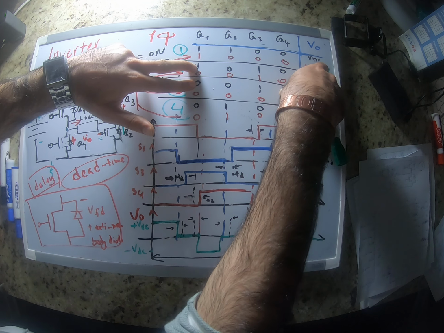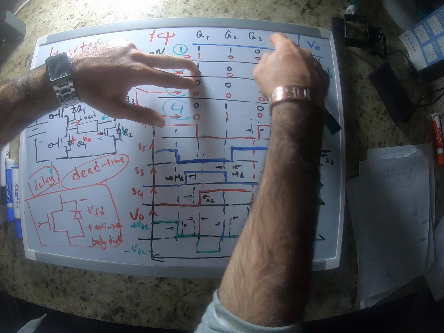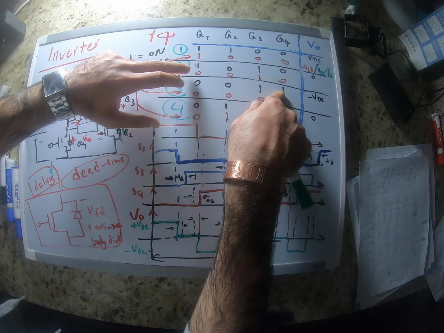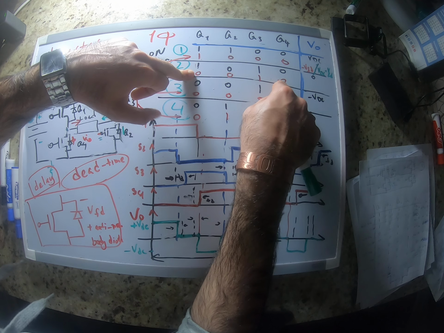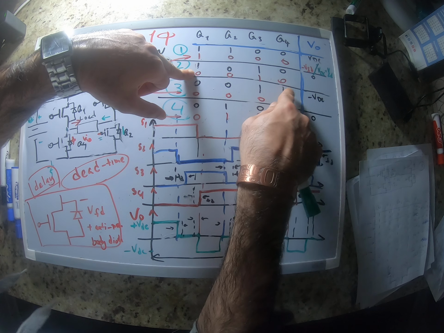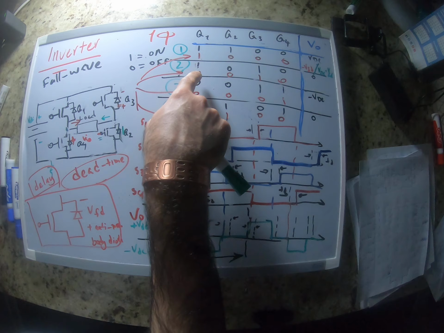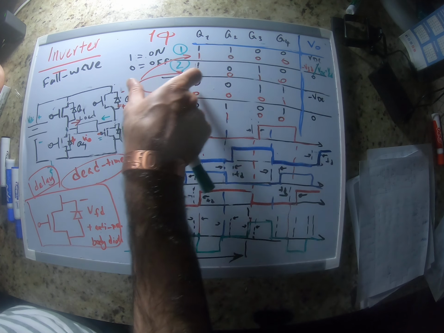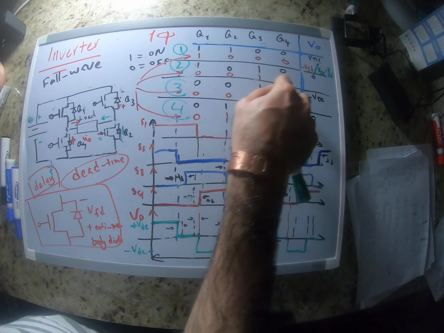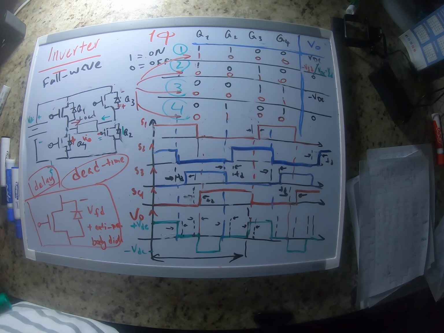To solve the problem of having these two on unintentionally, we first keep 4 off, then turn 1 off, and then turn 4 on. So we create a delay between turning 1 off and turning 4 on. That's what's happening here.